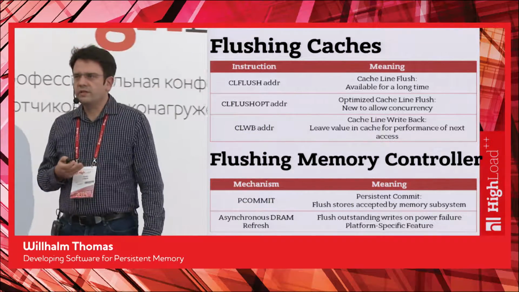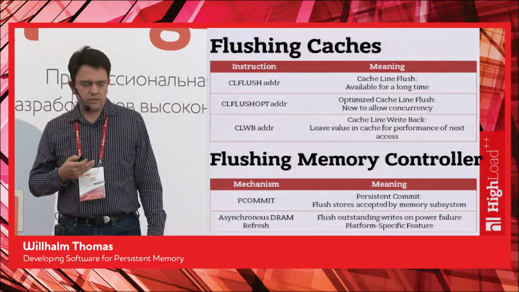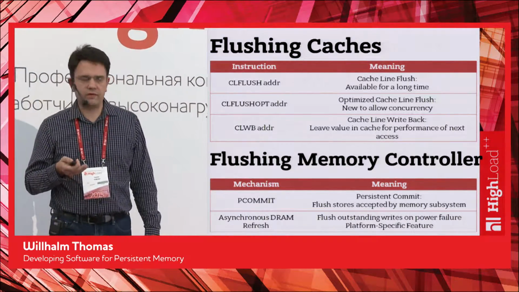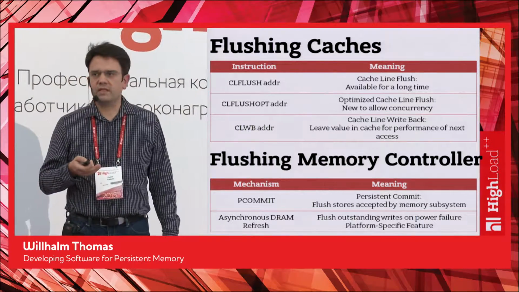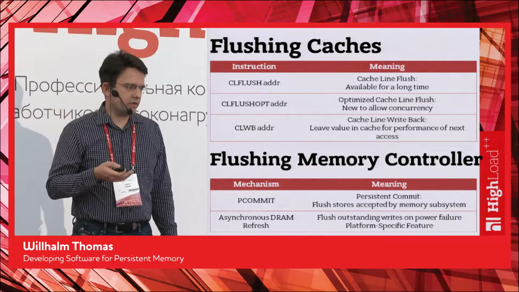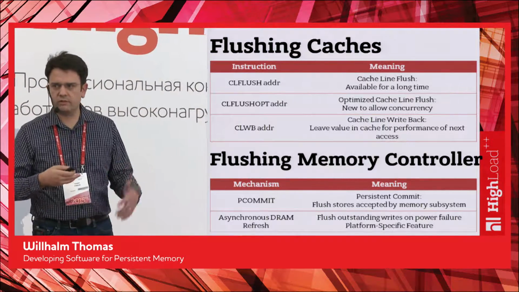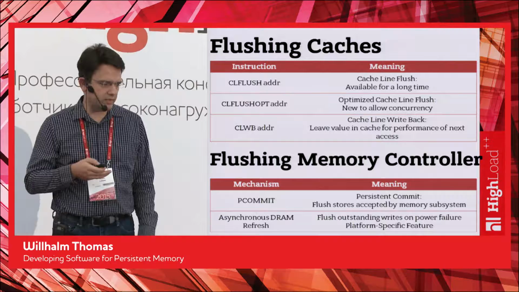So here's a list of these instructions that you might need. The cache line flush has been there forever, but now with the Skylake architecture, we have a cache line flush opt that's optimized for flushing in concurrent situations.